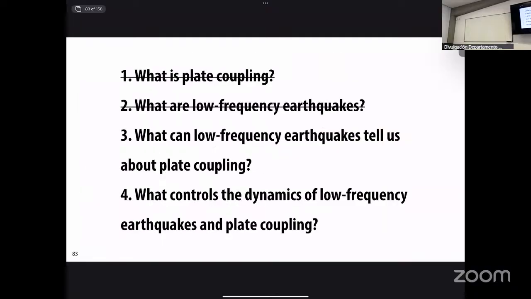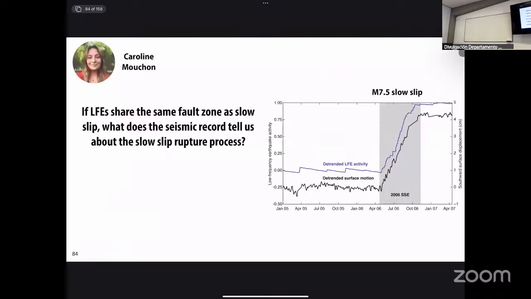All right. So now, what can low frequency earthquakes tell us about plate coupling? This is work that a student of mine did a few years ago. But the idea is that if LFEs are sharing the same fault as the slow slip, can we use the seismic record to basically predict the geodetic record?